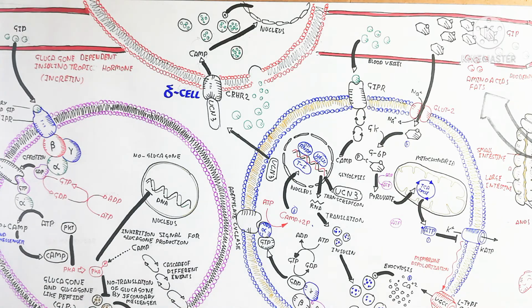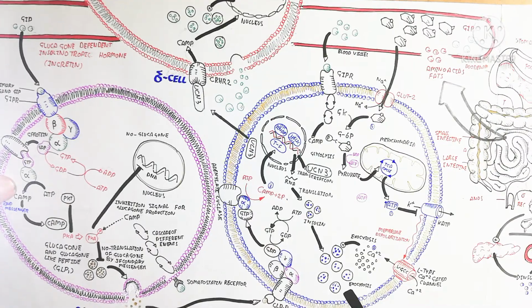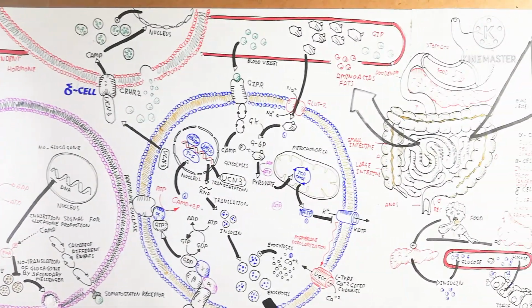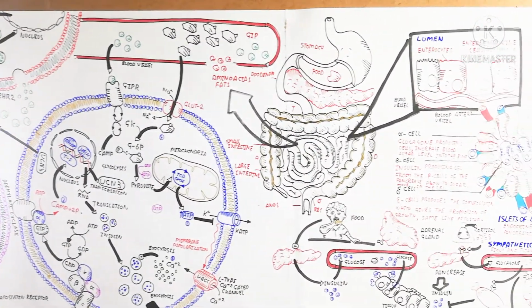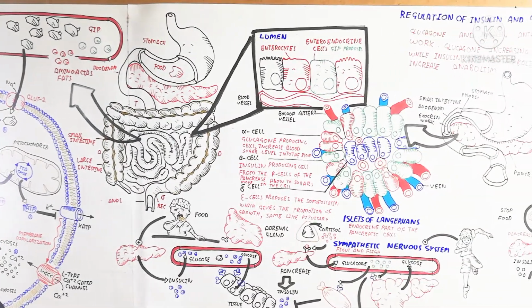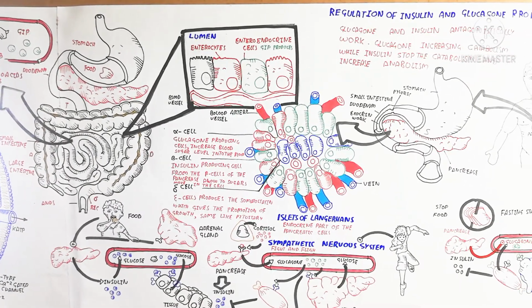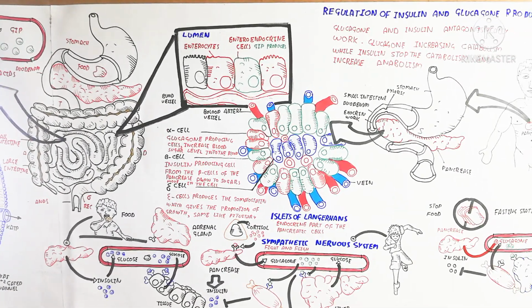So when GLP-1 is not produced, it means insulin is also not produced. So when insulin is produced, it stimulates UCN3 binding, and ultimately insulin is inhibited and somatostatin will also be produced.